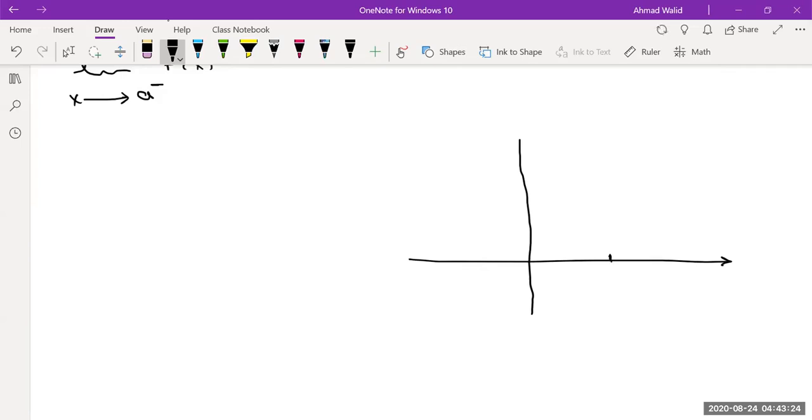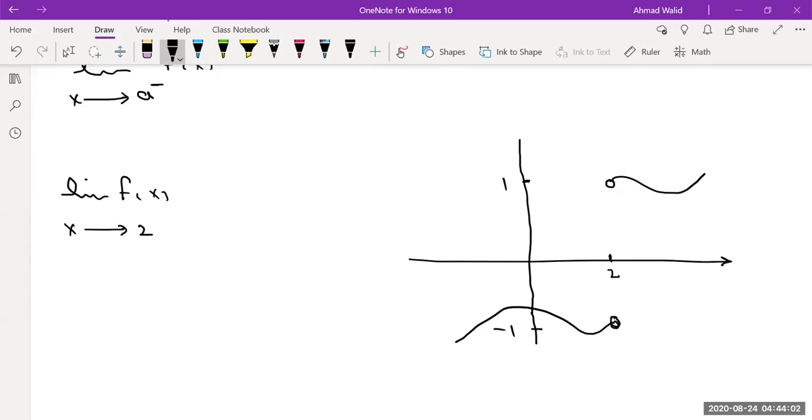For example, let's say here 2. Now, if someone asks you, find the limit of f of x as x approaching 2 from the right side, how will you answer this question?